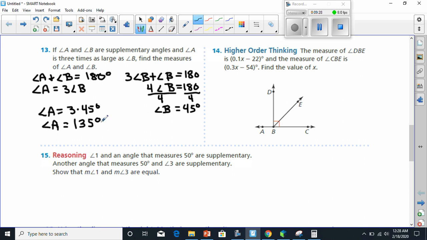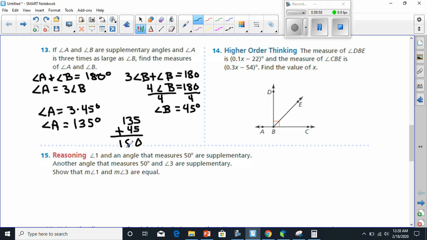Now that makes sense because remember we said that angle A and B have to equal 180. So 135 plus 45 equals 180.